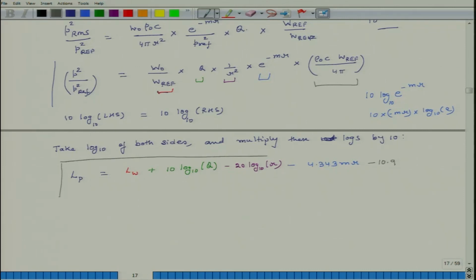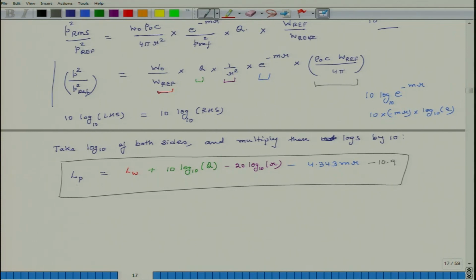So, this is your long expression. What it tells you is that sound pressure level LP is equal to the sound power level LW plus the effect of directivity, 10 log of Q, plus the effect of distance.